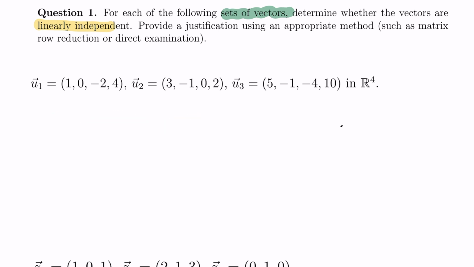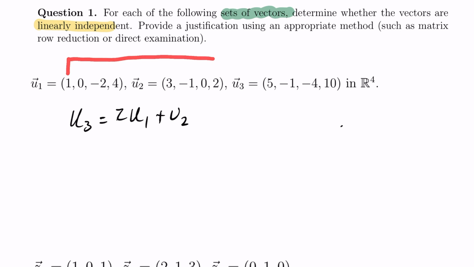So for instance here, if you do some inspection, you'll find that if I take vector u1, double it, and add that to vector u2, notice that if I double this first coordinate of u1, you're going to get 2. And then 2 plus 3 gives us the 5 that we wanted. Then if I double 0, I get 0.